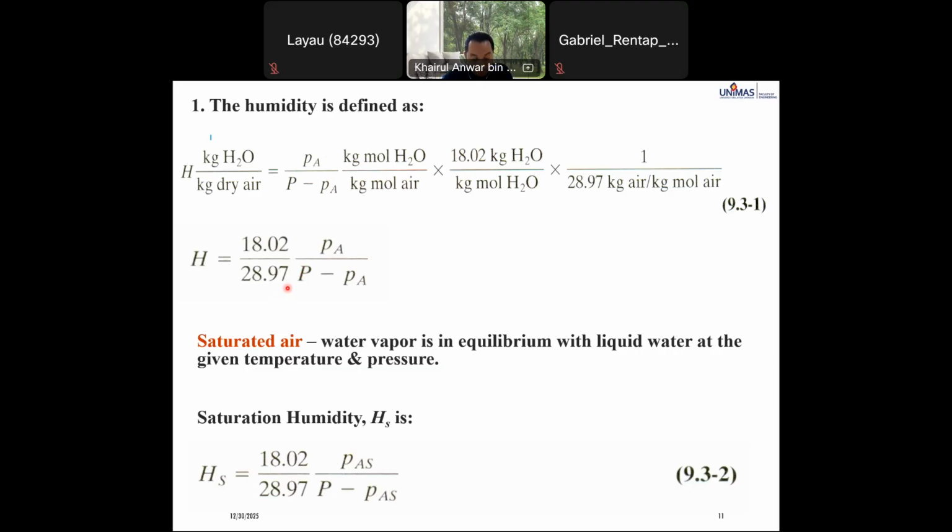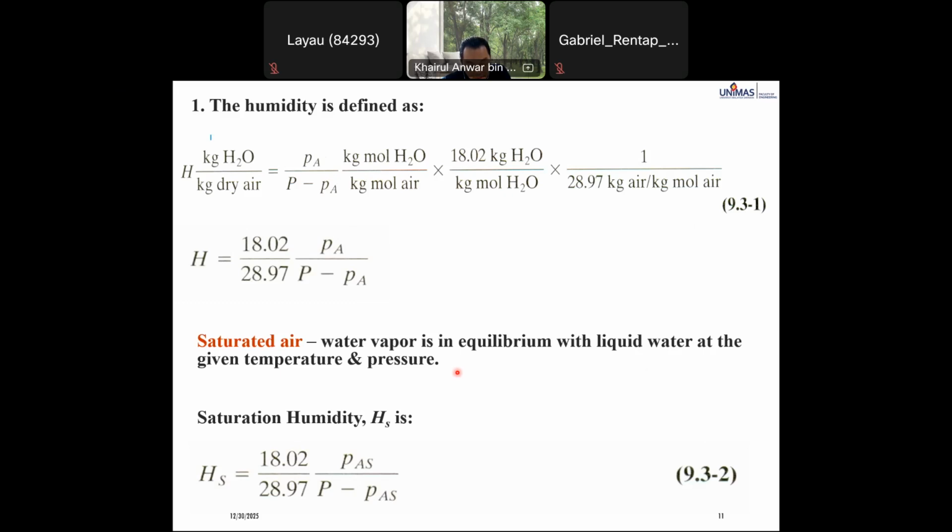For saturated air, water vapor is in equilibrium with liquid water at the given temperature and pressure. So for the saturation humidity, we use PAS, which is the vapor pressure of pure water at the given temperature.